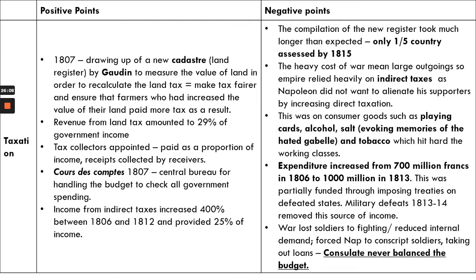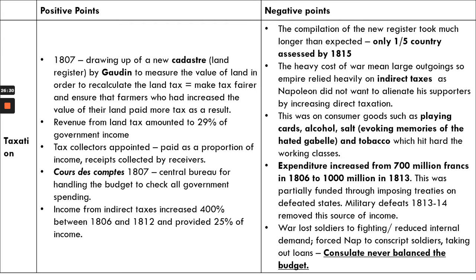Official land tax collectors were appointed, and they had a salary, and they had to show receipts to show that there wasn't any corruption. You also had an audit office, the Cour des Comptes, set up in 1807, which was a central bureau for handling the budget to make sure that it was correctly allocated.